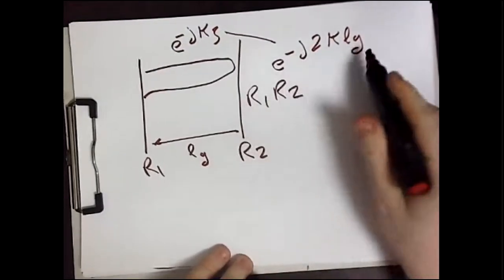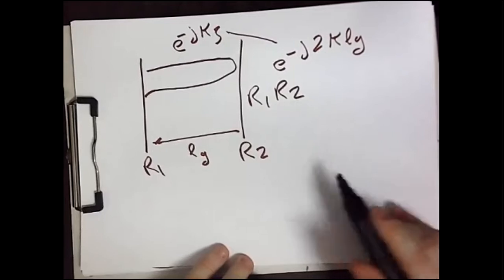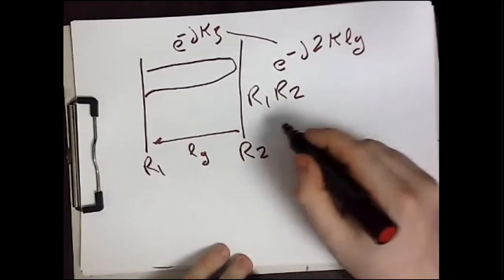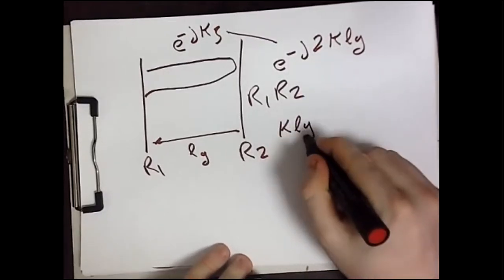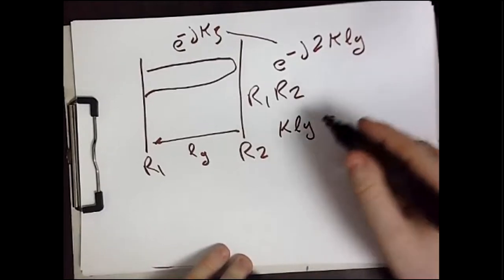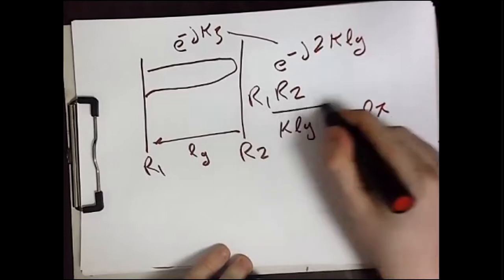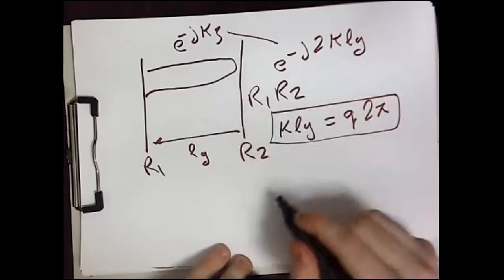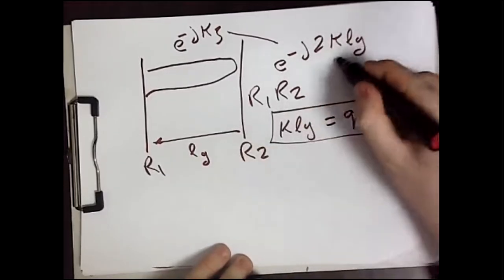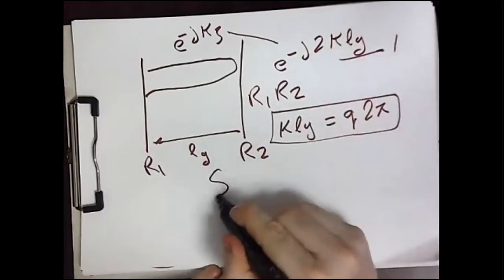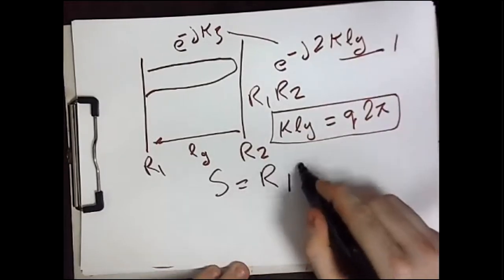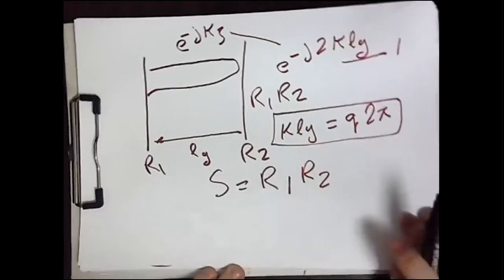So generally, this is a general term representing the surviving factor. However, if you put kLg to be multiples of 2 pi, which, if you remember, is a condition for resonance, then this exponential will tend to 1, and the surviving factor will be limited to R1 times R2, if you remember.